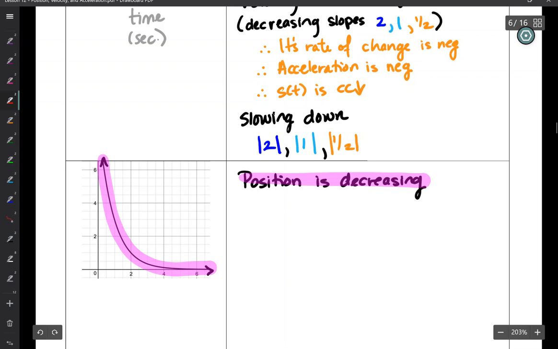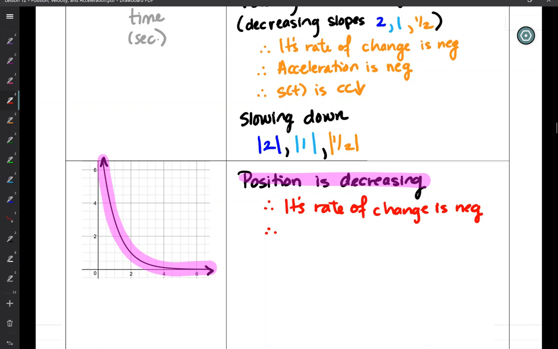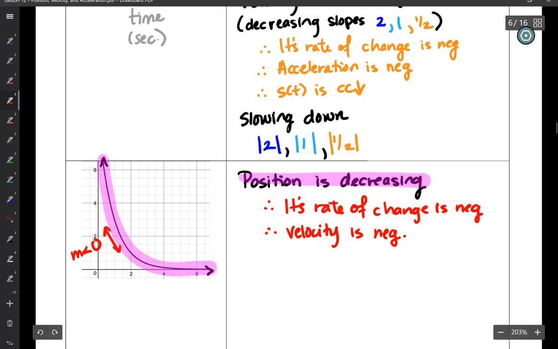Therefore, its rate of change is negative. We have a special name for the derivative of position, and that's velocity. And you can see this geometrically, all these slopes are negative.